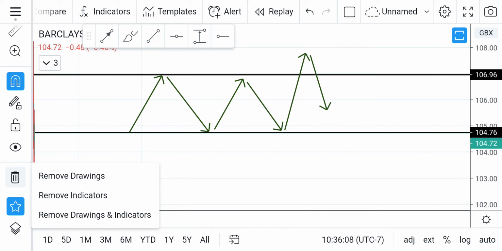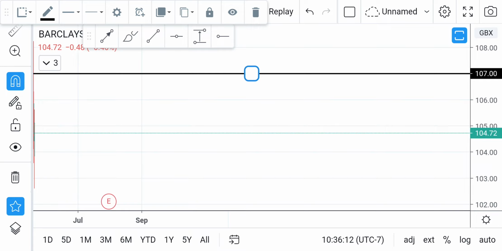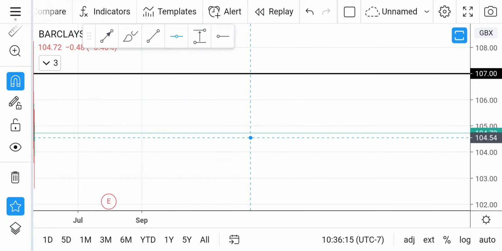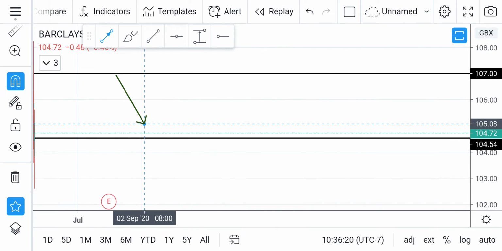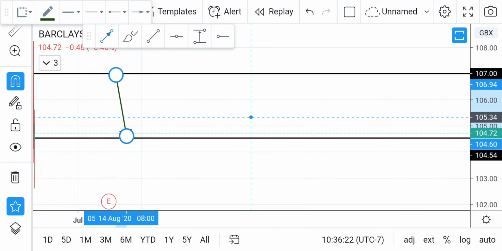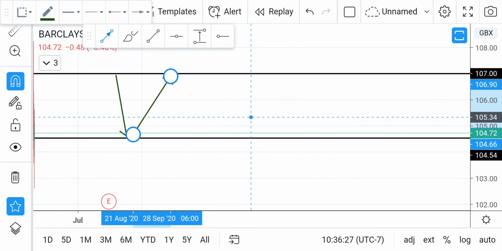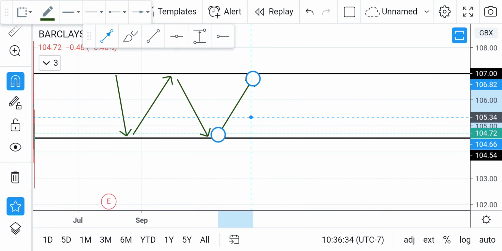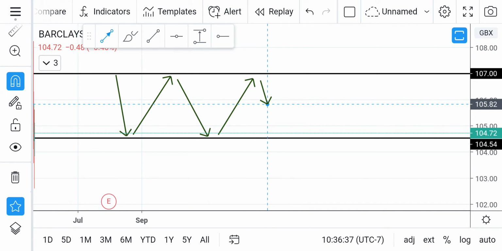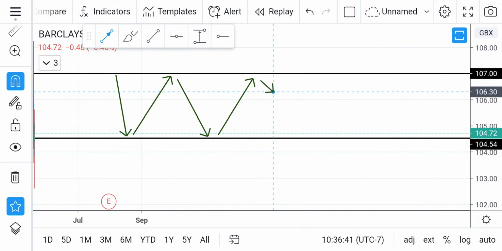So the next chart pattern I'm going to talk about is also a false breakout, but in this case it's around the support. So price will come down to support, then move back to resistance. That means you are having something like a range. Move down to support, back to resistance, down to support, back to resistance.